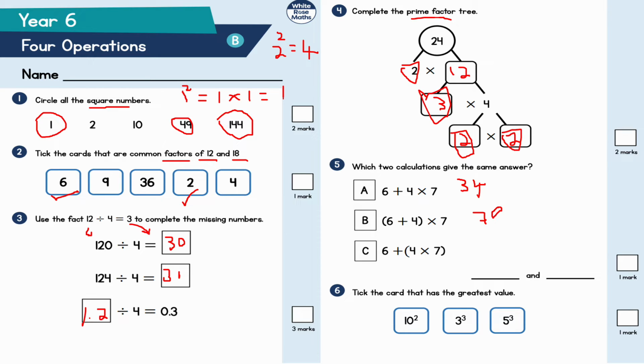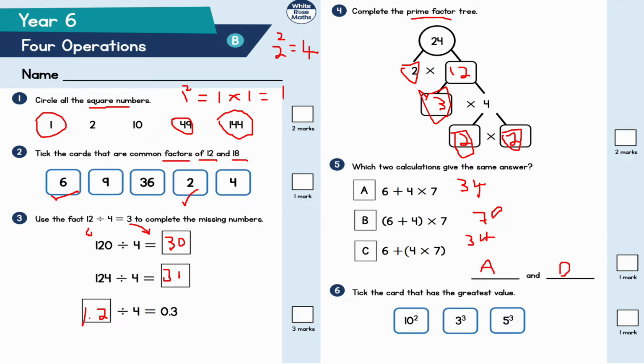This one here, I do the brackets first. 4 times 7 is 28, plus the 6 is 34. So A and D give me the same answer. Remember that I'm using something called BIDMAS or BODMAS. So I'm doing brackets first, then indices. Indices just means power, then division, multiplication, addition, and subtraction.